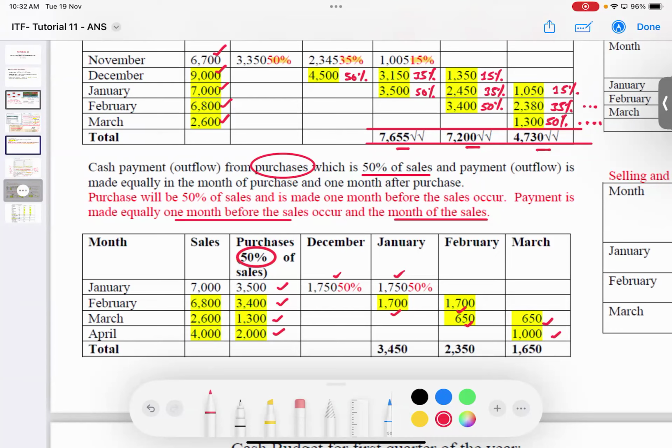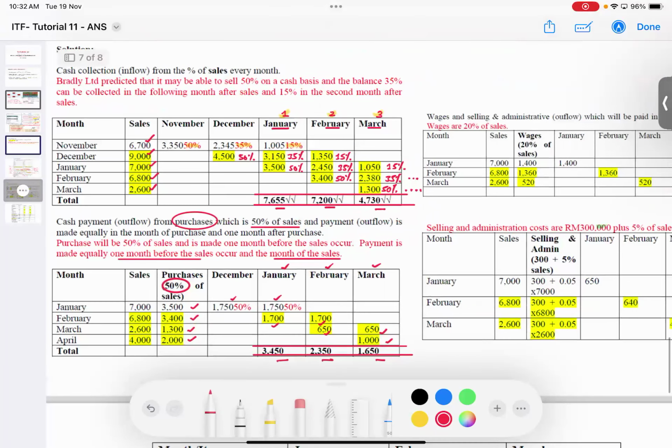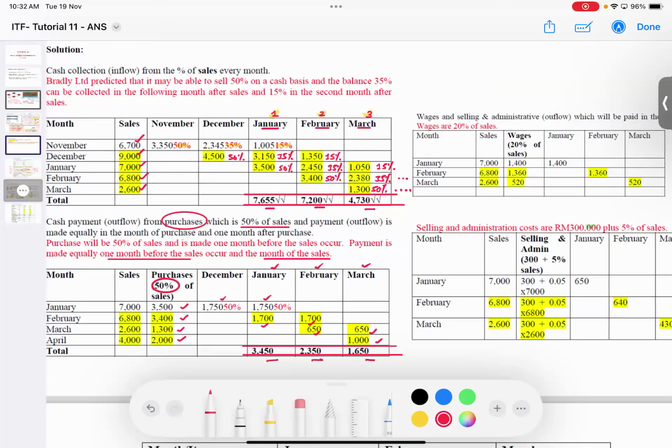Then you total up for the 3 months that you look into, because you only look into January, February, and March. Now, after that, we look into wages and administration costs.